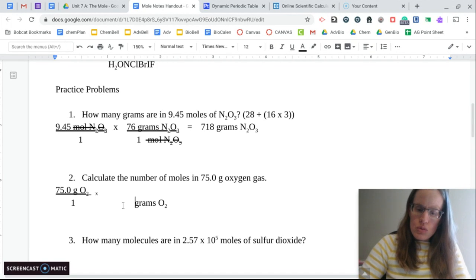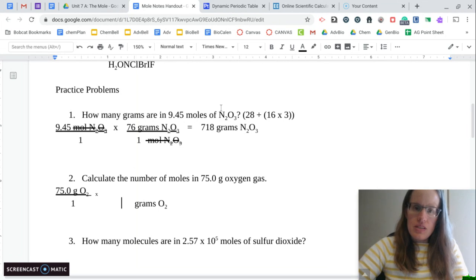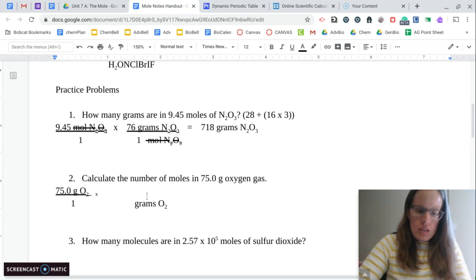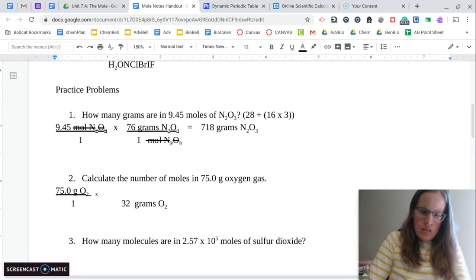And because it's O2, you'll have to do 2 oxygens. So you look at the periodic table, remember it was 16, and then 16 times 2. And then up on top, that's 1 mole.